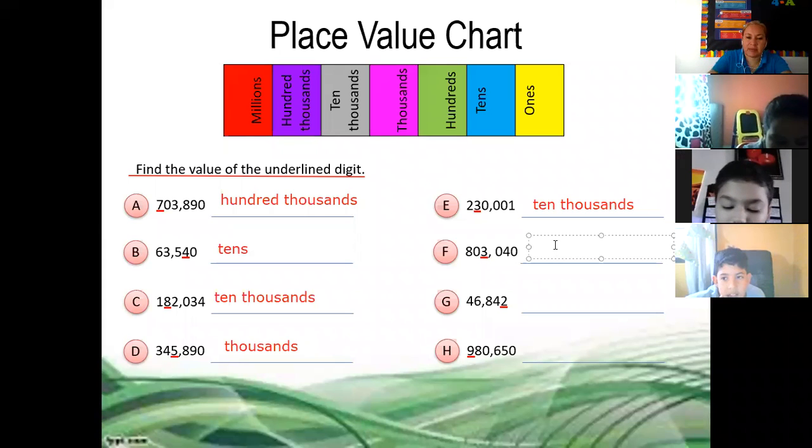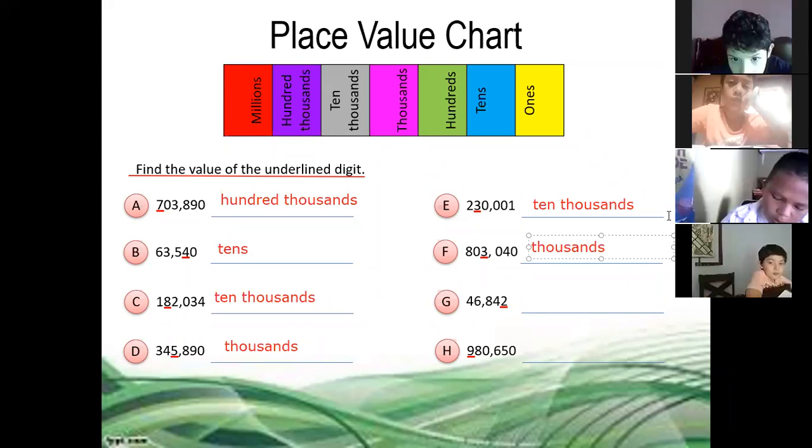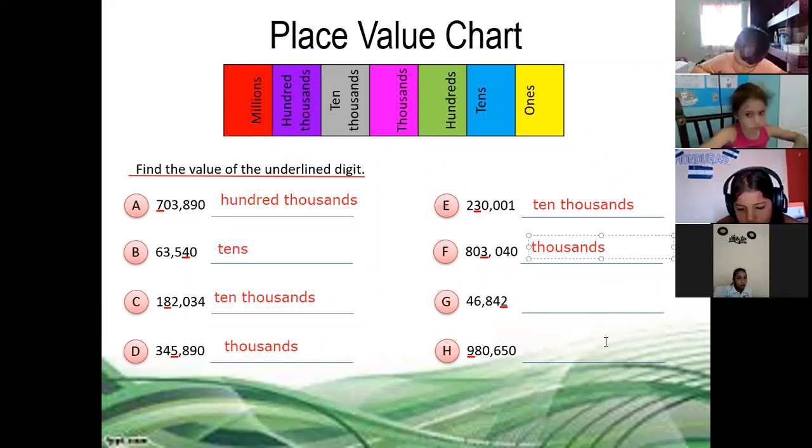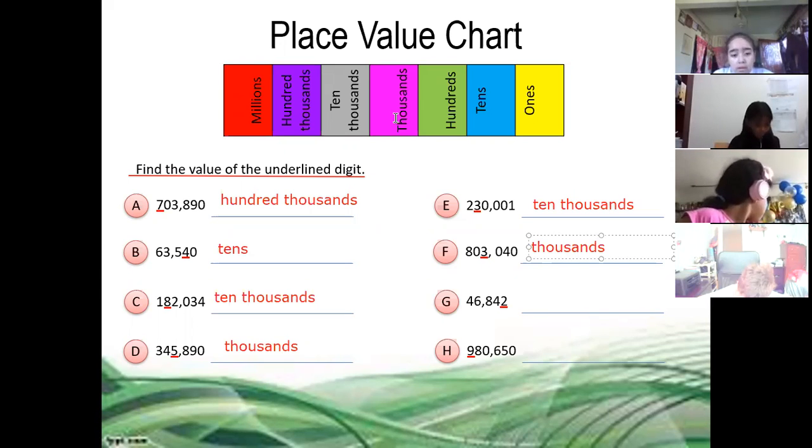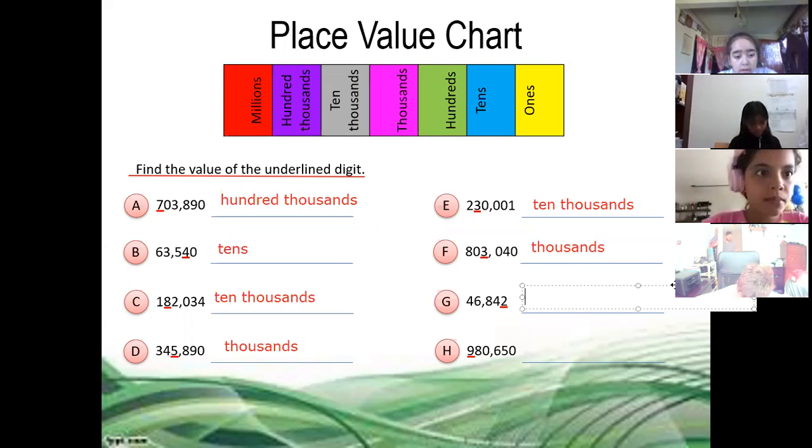Yes, it is. Excellent, Alan. Hazel, what is the value of the number 2? 10. Tens is the second position.